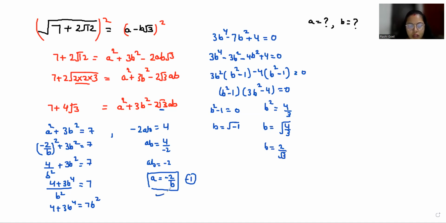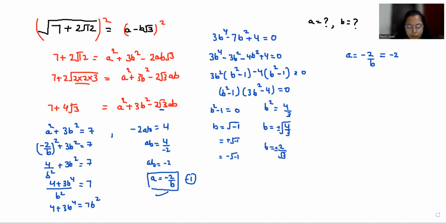Now we know that a is equal to negative 2 by b. Here b is plus or minus, plus under root 1 and minus under root 1.